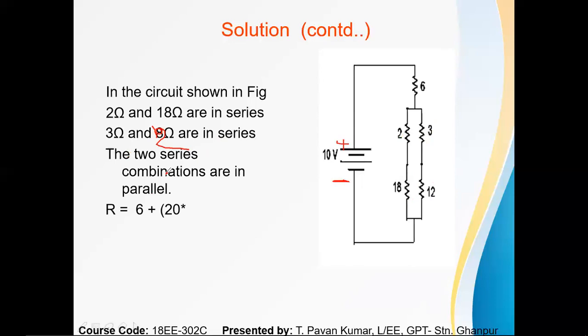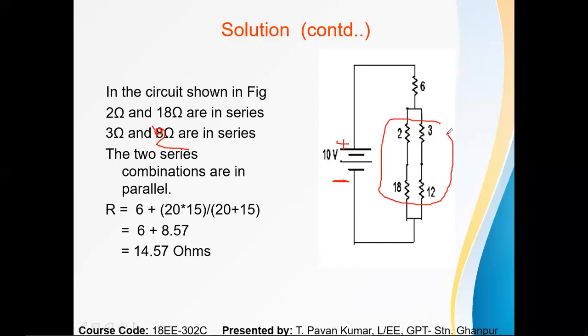Then the two series combinations, 20 and 15, are both in parallel, right? After doing 20 and 15, 20 times 15 divided by 20 plus 15, you will get one value, that value is 8.57.